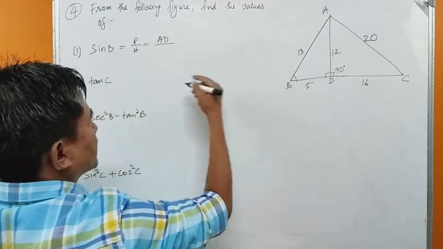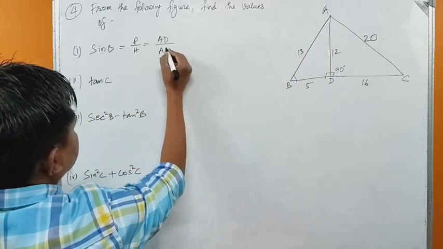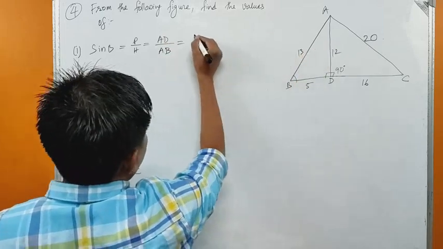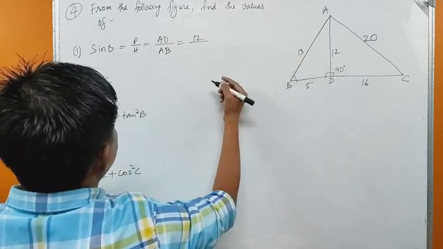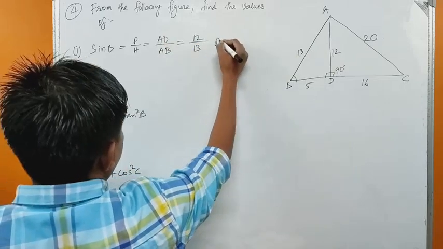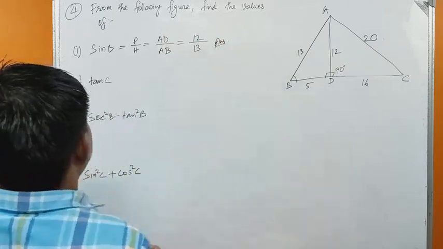Hypotenuse is AB. AD is 12 and AB is 13. This is a proper fraction, so we don't need to change it into a mixed fraction.